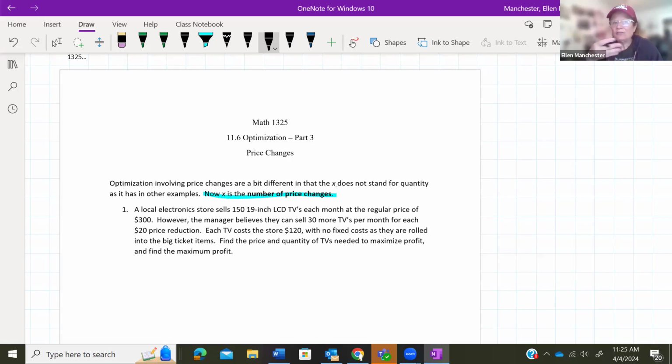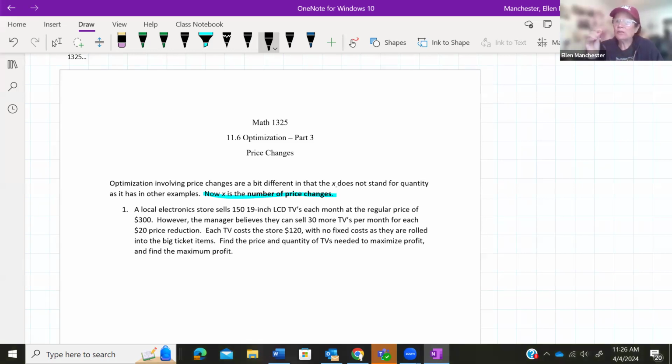But now in these, you have price changes. It's how many times you're going to change the price. So for instance, if I was going to increase my price by $10, and my X was 3, that means I am changing the price 3 times. So in other words, 10 plus 10 plus 10. So I'm increasing my price by $30.